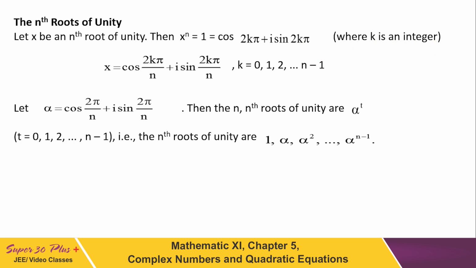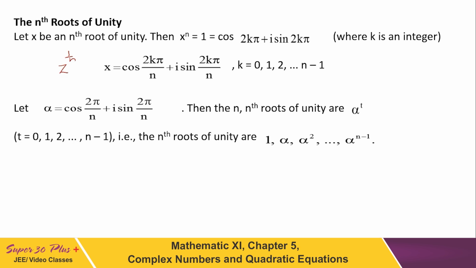Now if x is an nth root of unity, we are going to find 1 to power 1 upon n, that is equal to cos(2k pi upon n) plus iota sin(2k pi upon n) by using de Moivre's theorem.